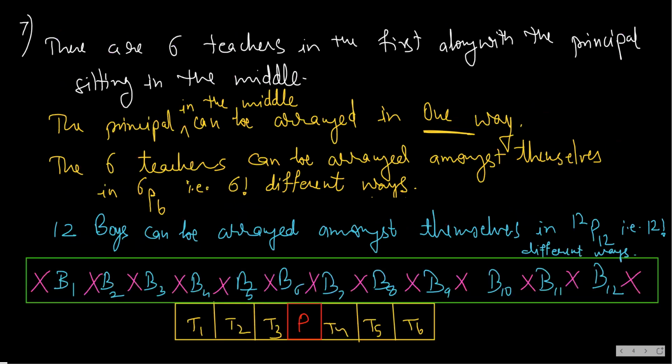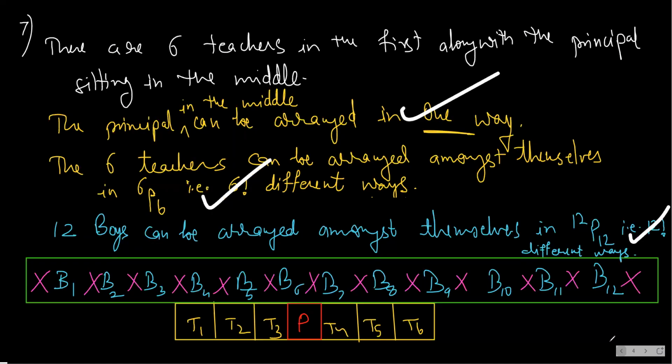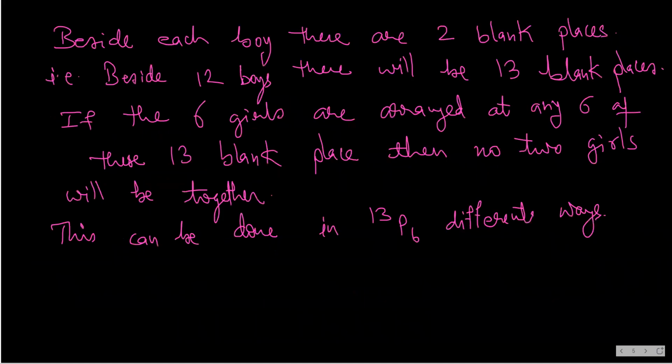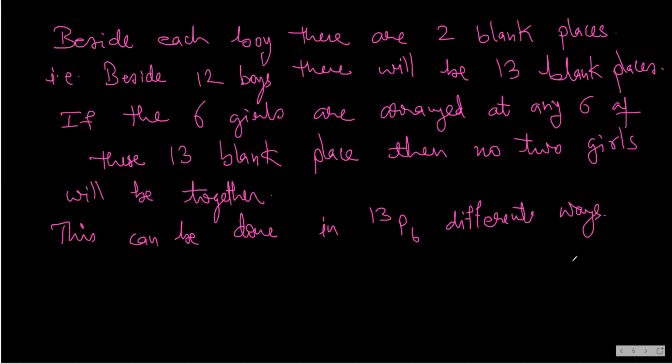We will have to multiply, because since the word and is being used, we'll multiply these to get the final number by the fundamental principle of counting.